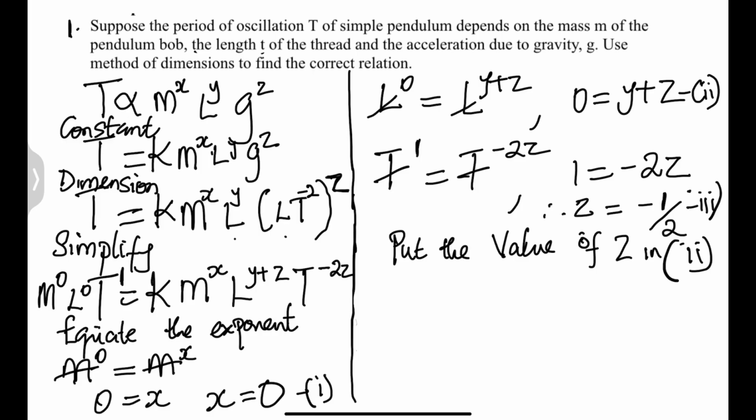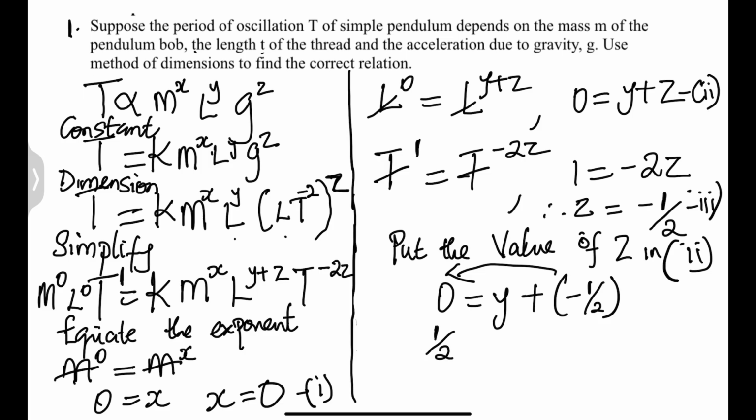If you do that, see what you now have. You have 0 is equal to y plus bracket minus half. Good. So at this junction, you can just take this to the other side so that you can have half is equal to y. Good. So our y is half, while our z is minus half, guys.